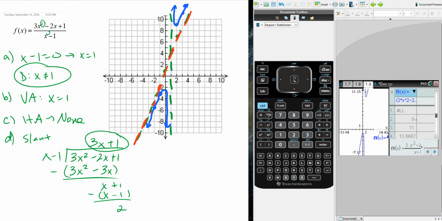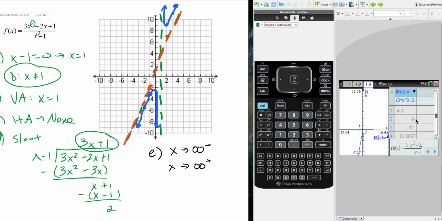Okay, so the last question then says for E, what is the end behavior? So for end behavior, I'm looking at what happens as x goes to -infinity and what happens as x goes to +infinity. Well, as x goes to -infinity, so when x gets really small, my graph is going this way.